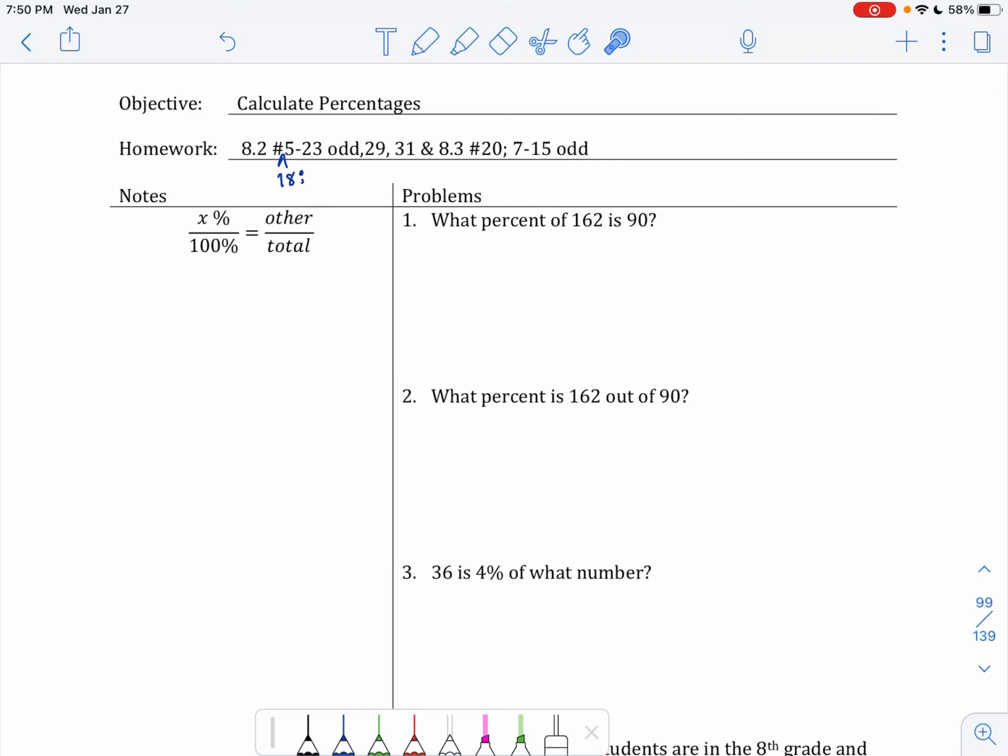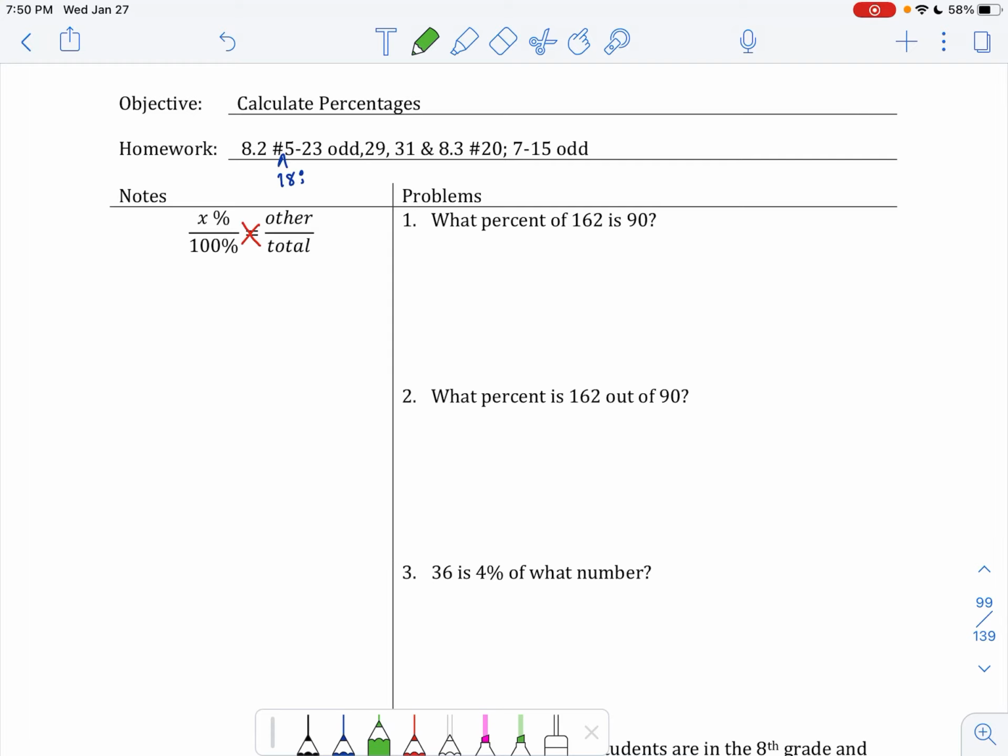This is nice because this formula always works, and as you'll notice, it's a proportion. It's 2 equal fractions, which means that you can always solve it with cross multiplication. So you don't have to use this to solve every problem, but it will work to solve any problem.